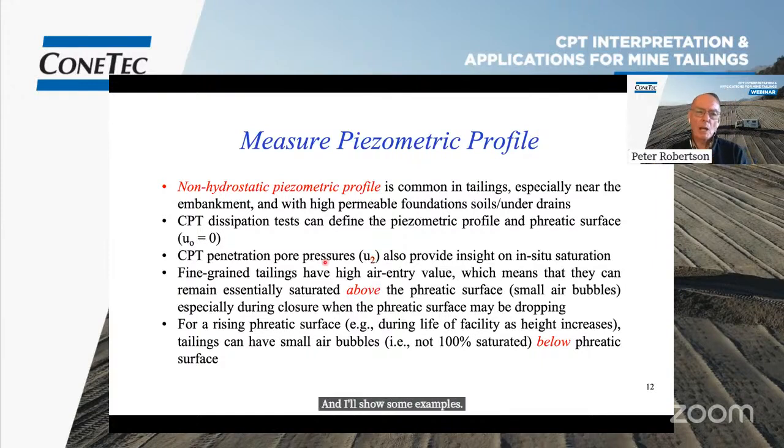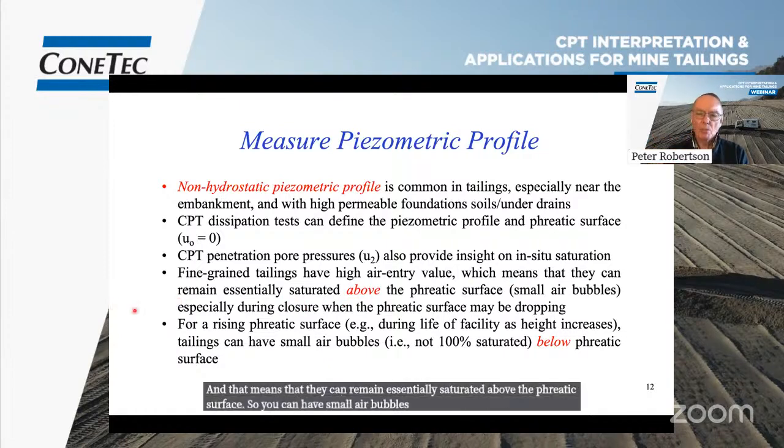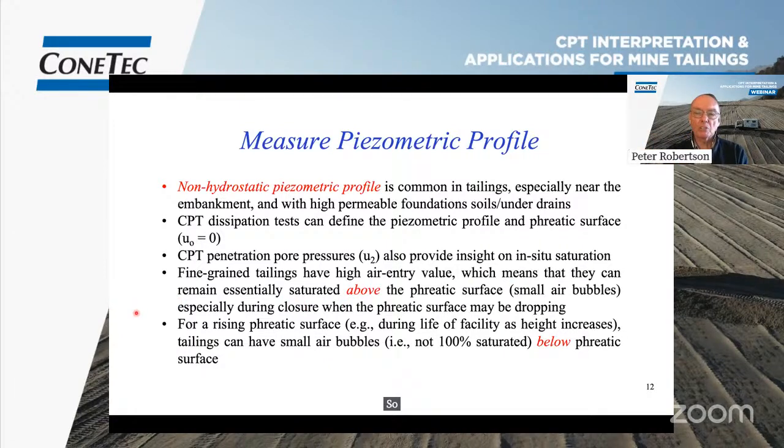So what we know is fine-grained tailings have high air entry values. I'll define that in a minute. And that means that they can remain essentially saturated above the phreatic surface. So you can have small air bubbles. So they're not 100% saturated, but they're close to being fully saturated above the phreatic surface.